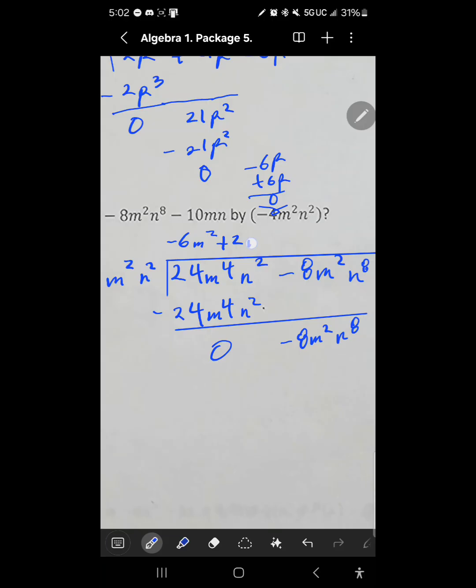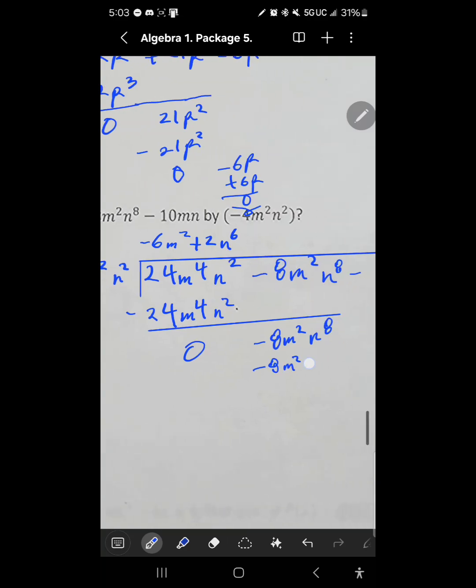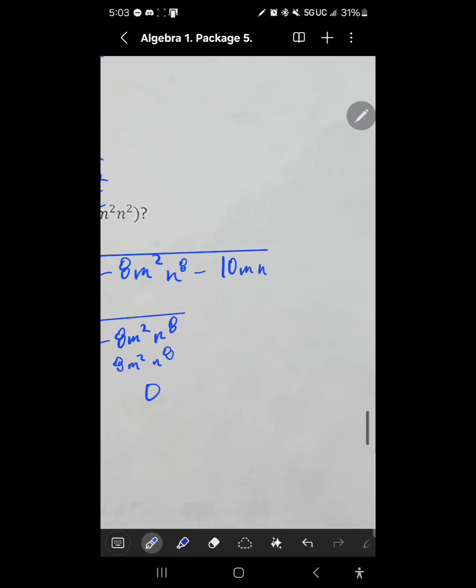Then n to the a divided by n2 is n to the a minus 2, which is 6. So we say 2 times negative 4, negative a, and 1 times m2, and we put the opposite sign here, so this also becomes 0. And then we have here the negative mn.